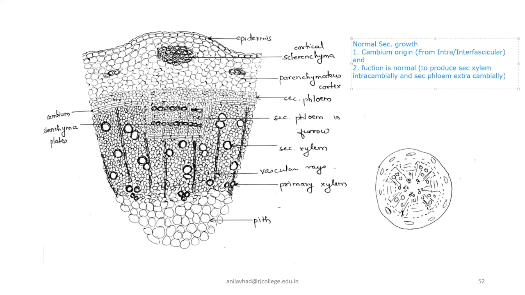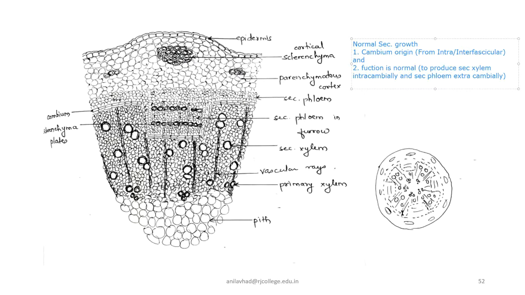And out of these 8 strips, 4 alternately arranged strips of cambia shall produce more secondary xylem towards the inner side and less amount of secondary phloem towards the outside. Whereas the other 4 alternate strips of cambia will produce a lesser amount of secondary xylem towards the inner side and more amount of secondary phloem towards the outside.